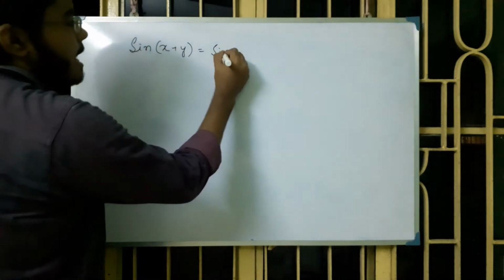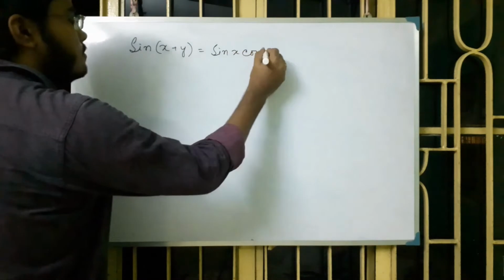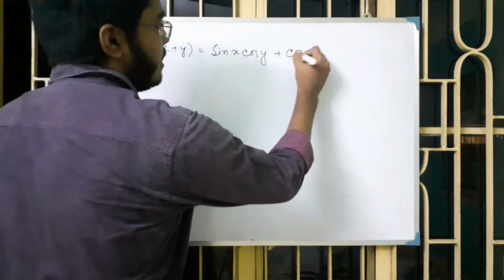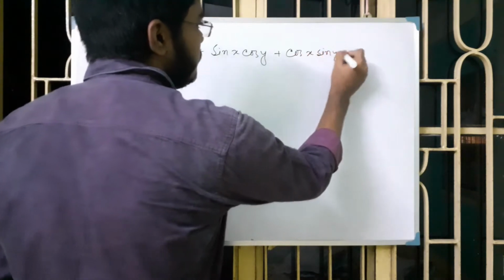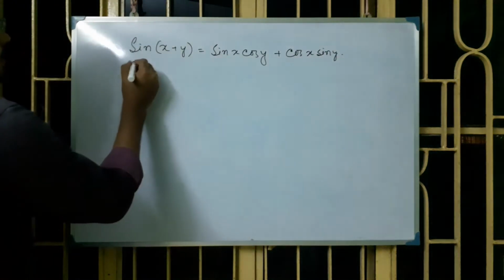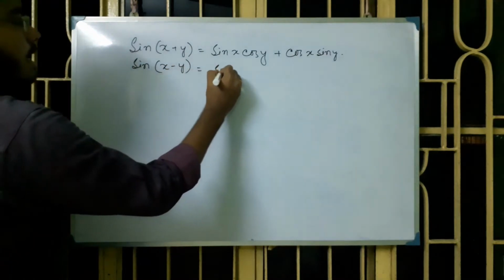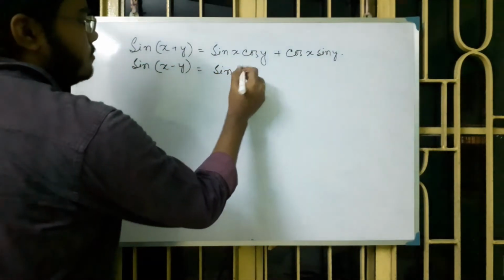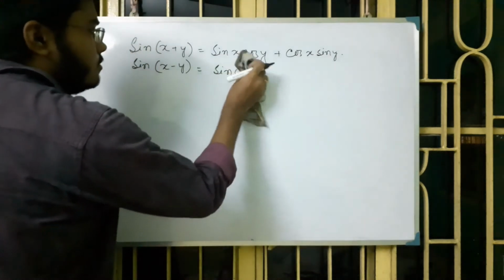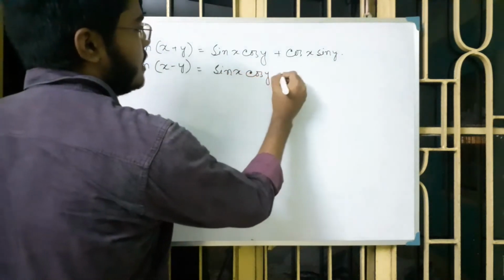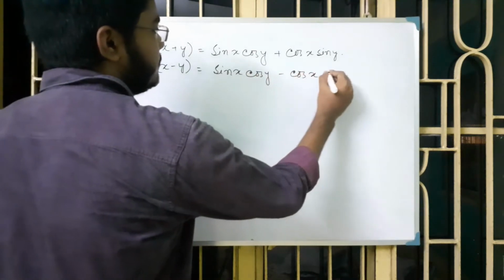That is sin x cos y plus cos x sin y. And sin(x−y) is sin x cos y minus cos x sin y.